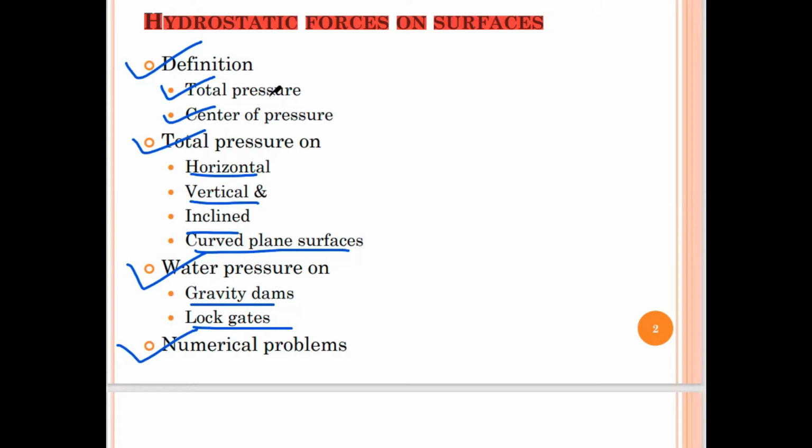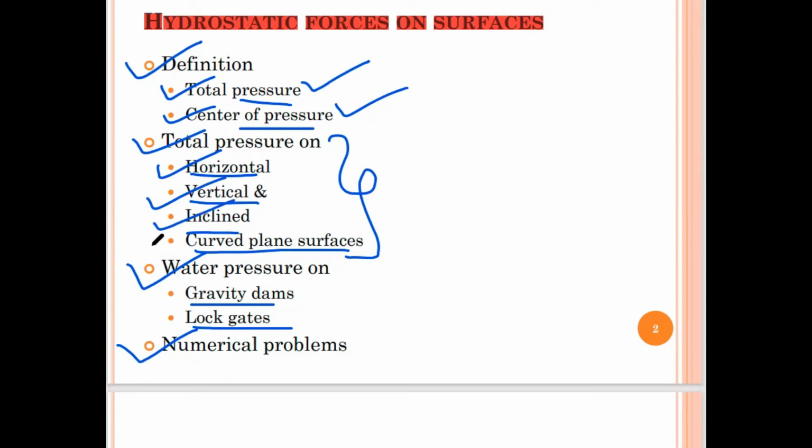Very first you are going to study the definition of pressure, what is pressure and what is center of pressure. After that you are going to derive the expression for the total pressure and center of pressure for these four different surfaces, that is horizontal plane surface, vertical plane surface, inclined and curved plane surface.